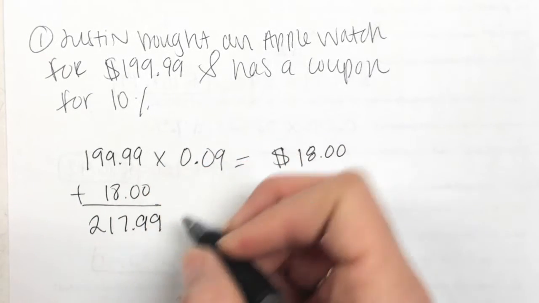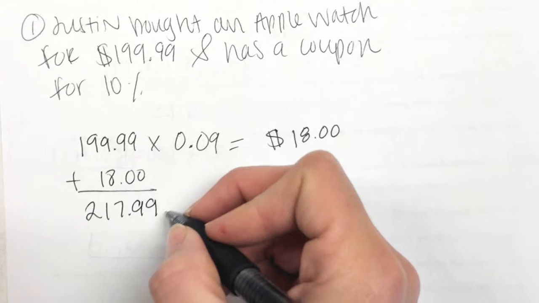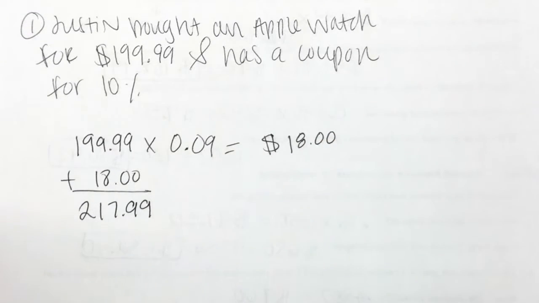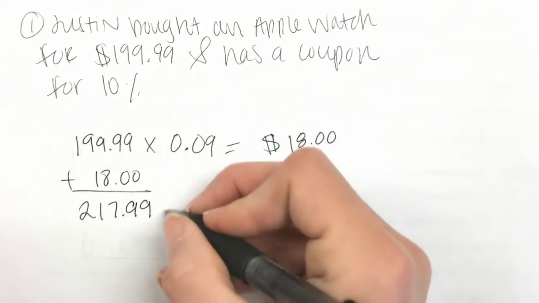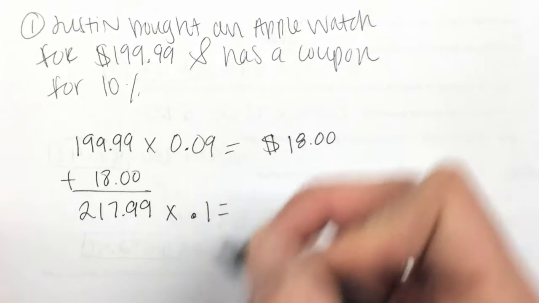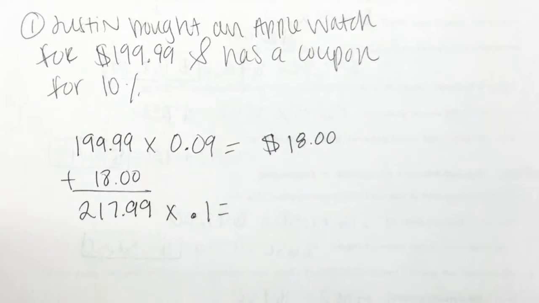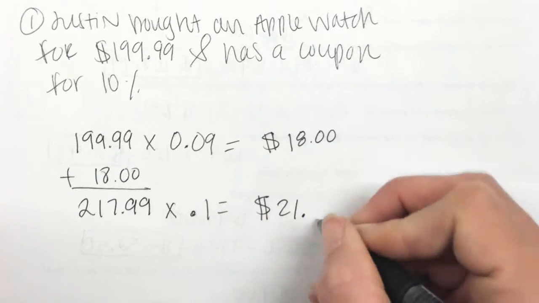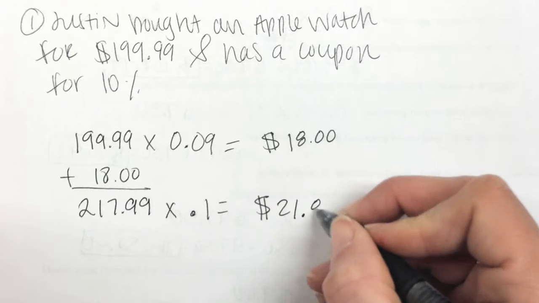Alright, then we can take the 10% discount, right? So you would take this and multiply it by what? 0.1. Good. That's going to give us what? 21.80 after rounding. Good.